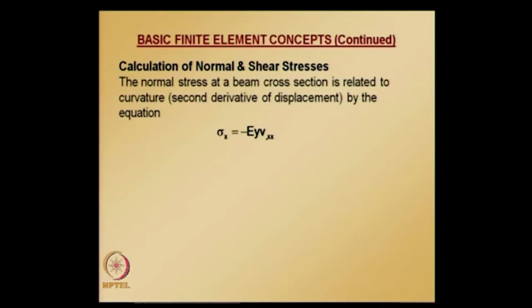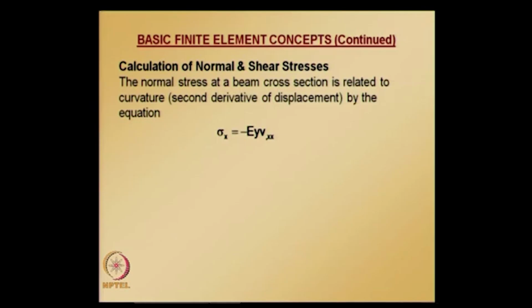Normal stress at a beam cross section is related to curvature by the equation given here, and please note that we already derived this equation when we were deriving governing equations for the beam bending problem, using the assumptions of small deformation, and also the assumption that plane sections remain plane after bending.